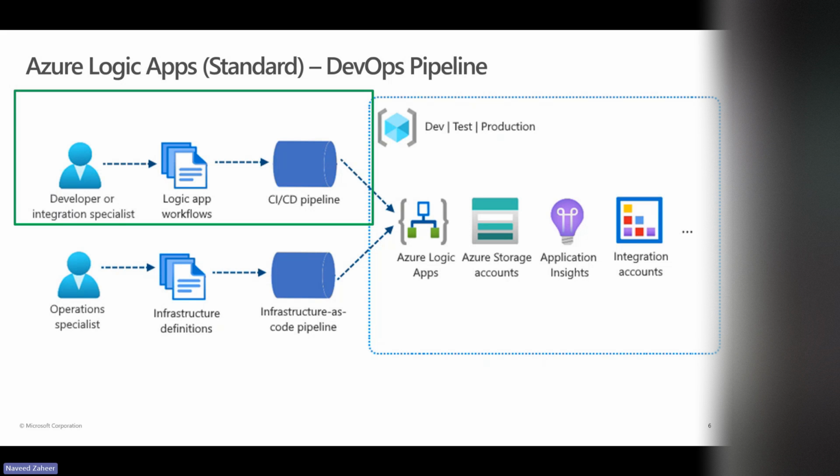We are not going to be talking about it because that is just a general part of the infrastructure as code pipeline. You can use Terraform, Bicep. There are many tools to do that. But we are going to be talking about, you have the infrastructure, you are making modifications to a Logic app or deploying the Logic app for the first time to that infrastructure, how you do it.